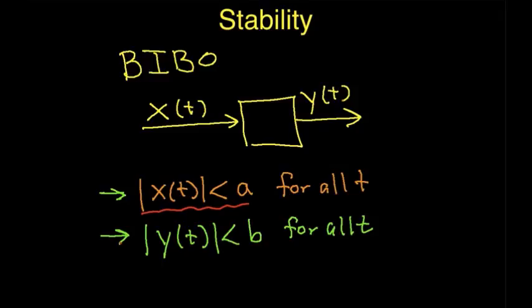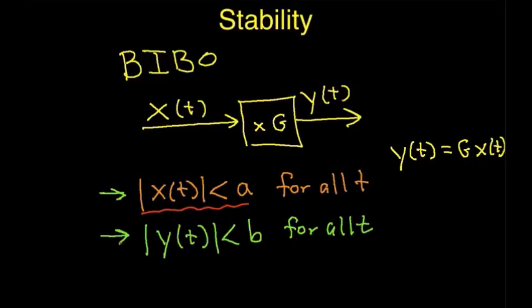So let's do a few simple examples of systems and try to determine if they're BIBO stable. So suppose we have a system where what the system does is multiply the input by a gain so that y of t is equal to some gain times x of t.